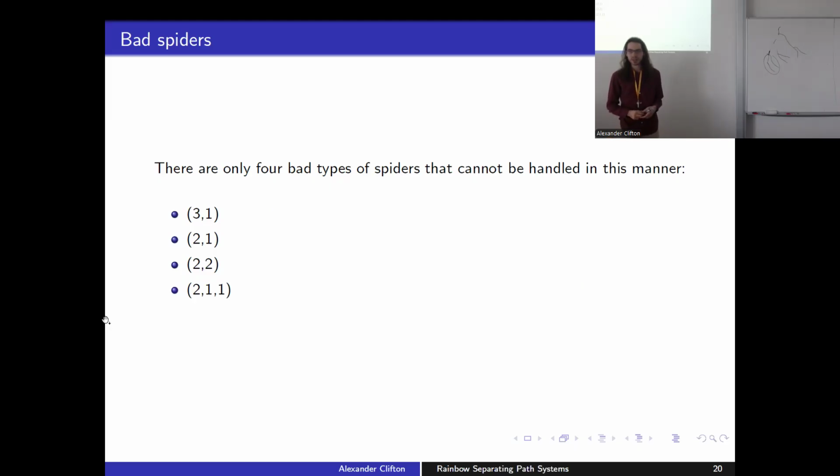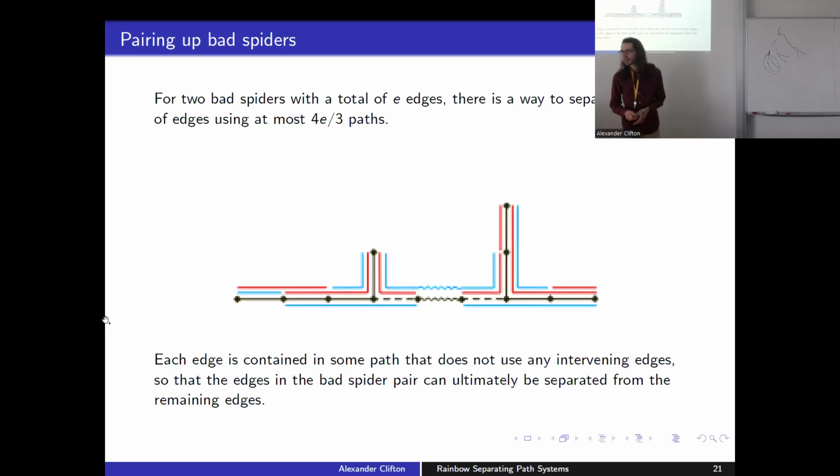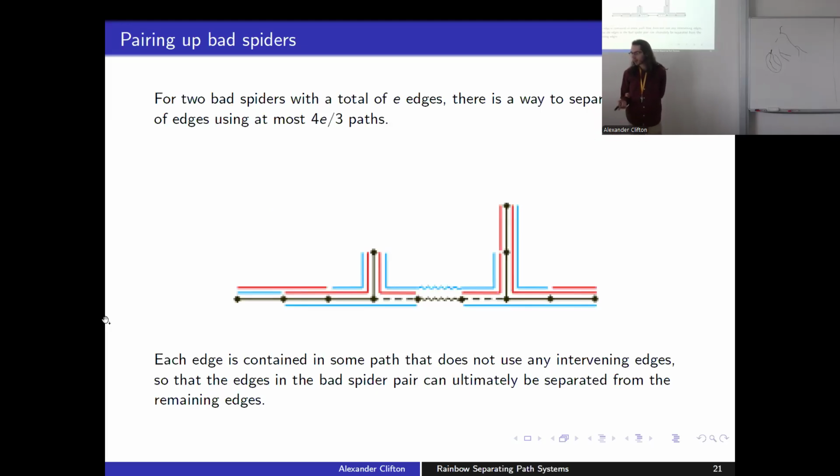The good thing is if you have 2 bad spiders, then they're not so bad anymore. So if you have a 3 and a 1 over here and a 2, 2 over there, they're different parts of my tree. There's some path connecting the heads of the spiders. And you can find, thank you to Ana for making these great pictures, a separating system for the combination.